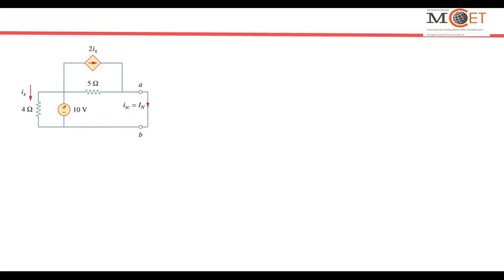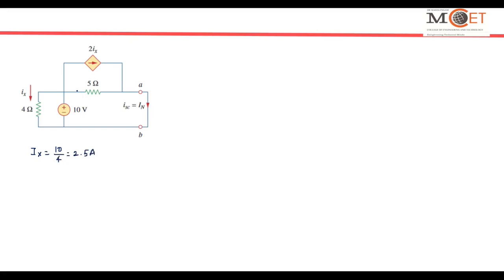Ix is the current flowing through this 4 ohm resistor, which is in parallel with this 10 volt source. So current Ix is equal to 10 by 4, V by R, which is equal to 2.5 amperes.